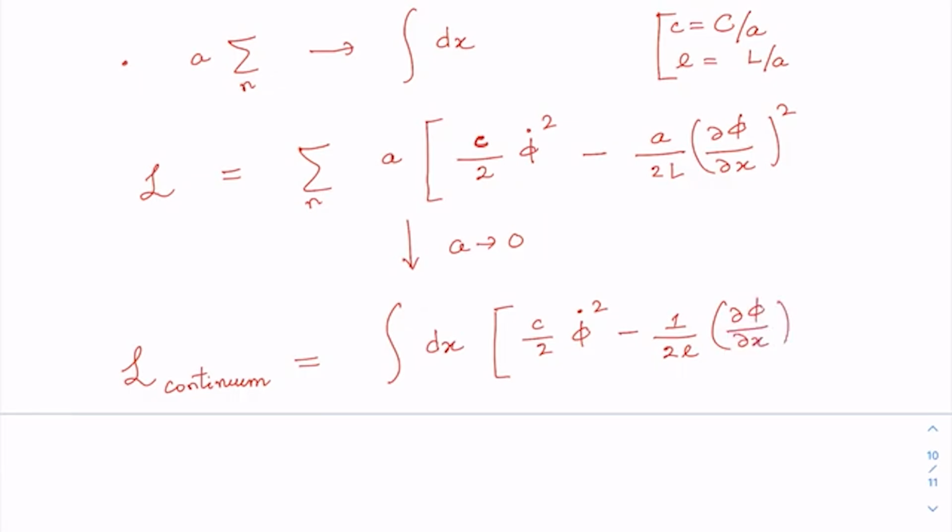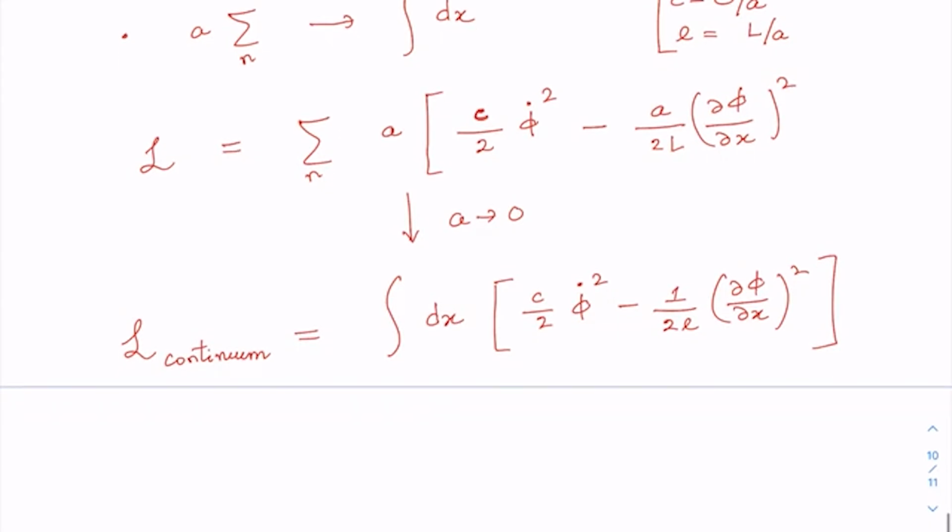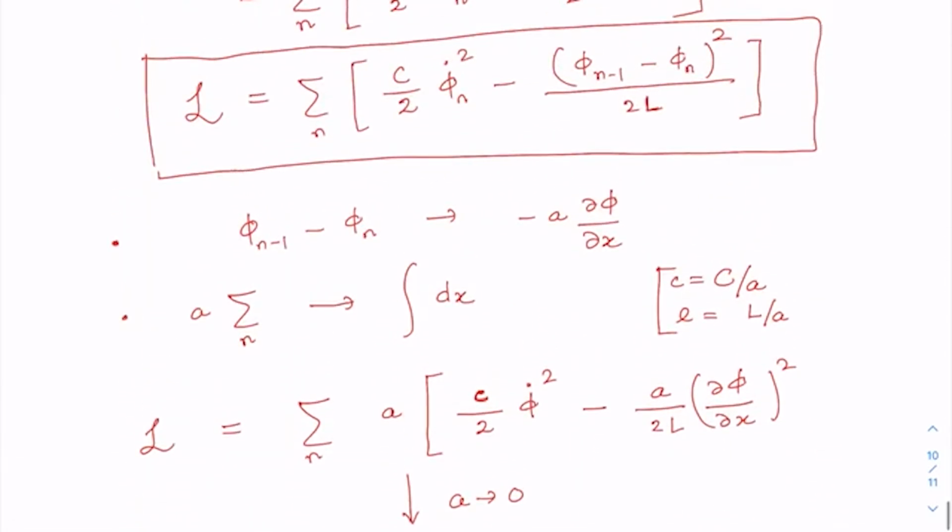So this is the Lagrangian for the continuum model, but for our quantization purpose, we will take the discrete model rather than the continuum. So we will consider the discrete Lagrangian, not this continuum one, along with some boundary conditions.